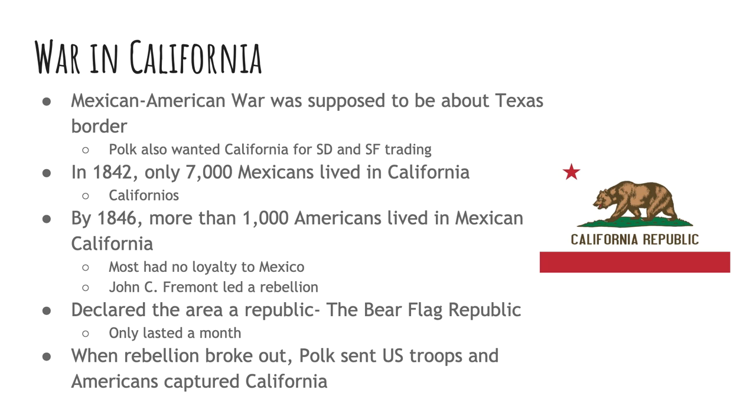Now, the Mexican American War was originally supposed to be about the Texas border. They were fighting to determine where Texas ended, where the Mexico and Texas border was, so that it wouldn't interfere with either the US or the Mexican country. However, Polk also wanted California because at this time, Mexico was pretty big.